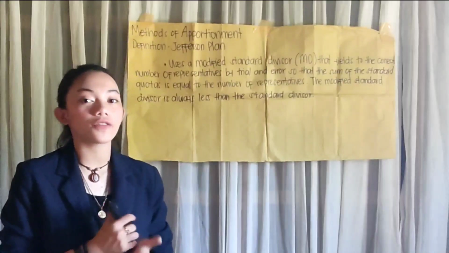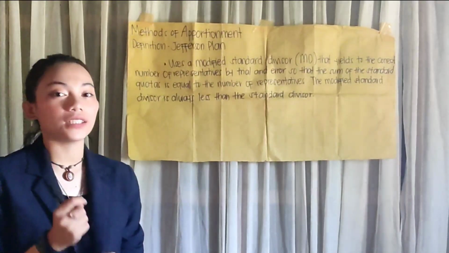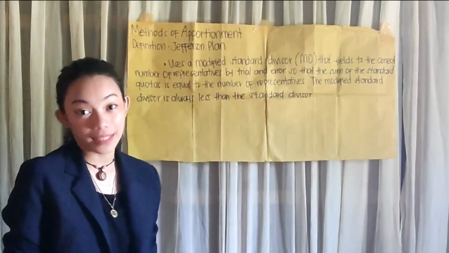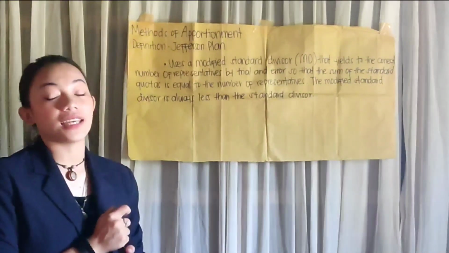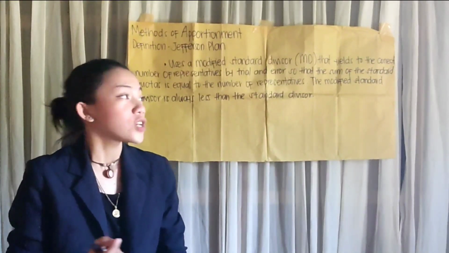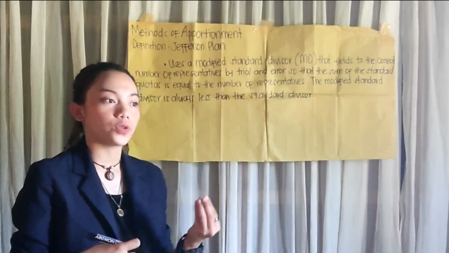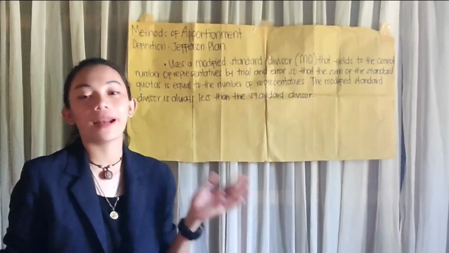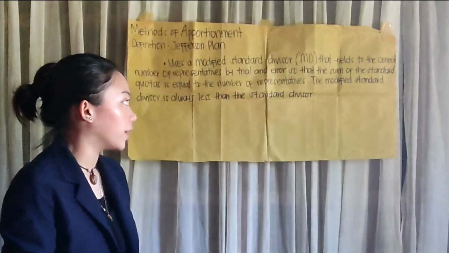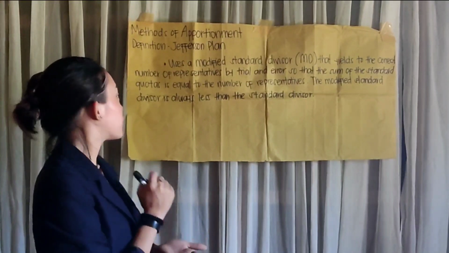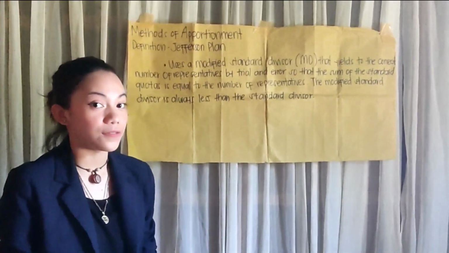The Jefferson plan uses a modified standard divisor, or MD, that yields the correct number of representatives by trial and error. When we say trial and error, you choose a number for your modified standard divisor so that the sum of the standard quotas is equal to the number of representatives.